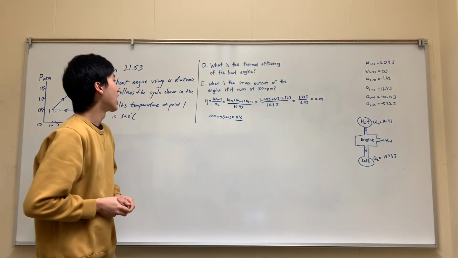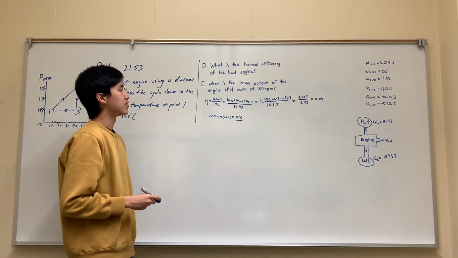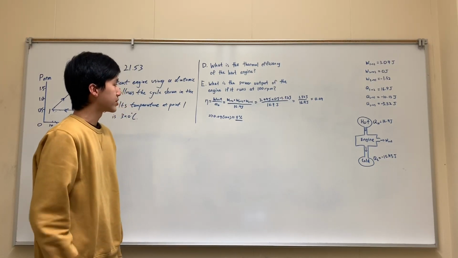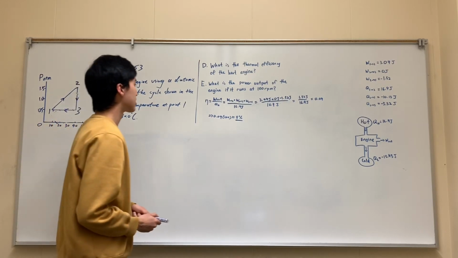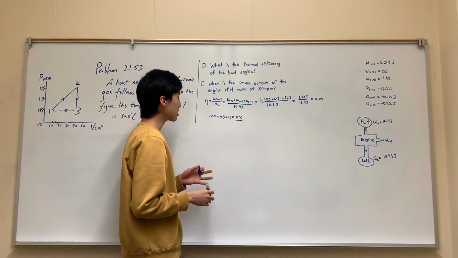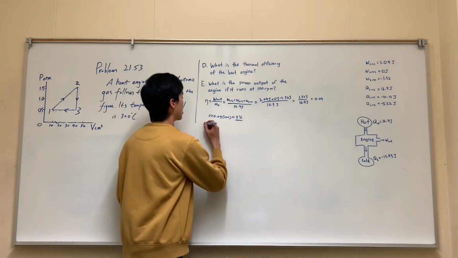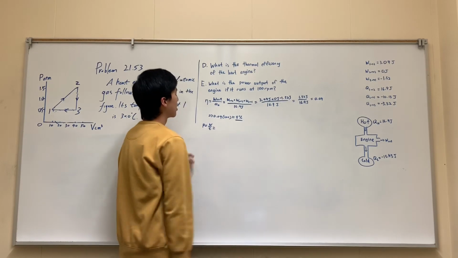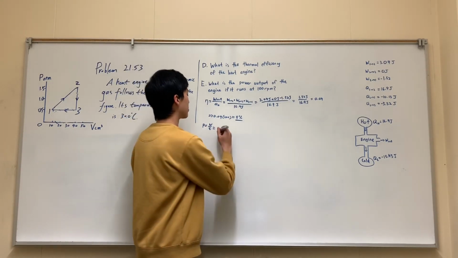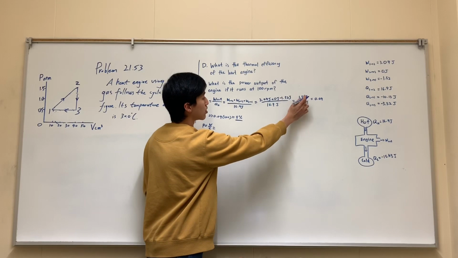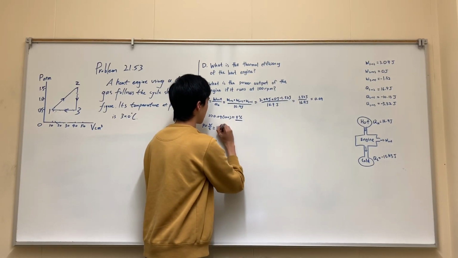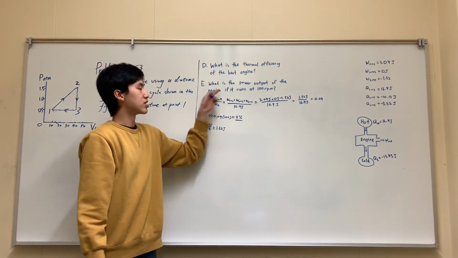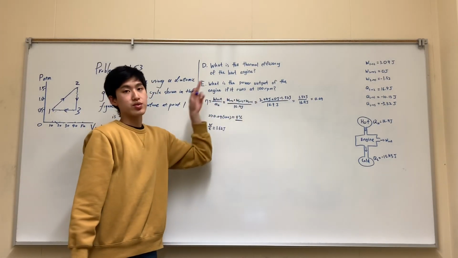So part E asks, what is the power output of the engine if it runs at 100 RPM? So the definition of power is the amount of energy or work over time. And then we know that the amount of work is actually 1.52 joules. And meanwhile, we also know that the engine is currently running at 100 RPM.